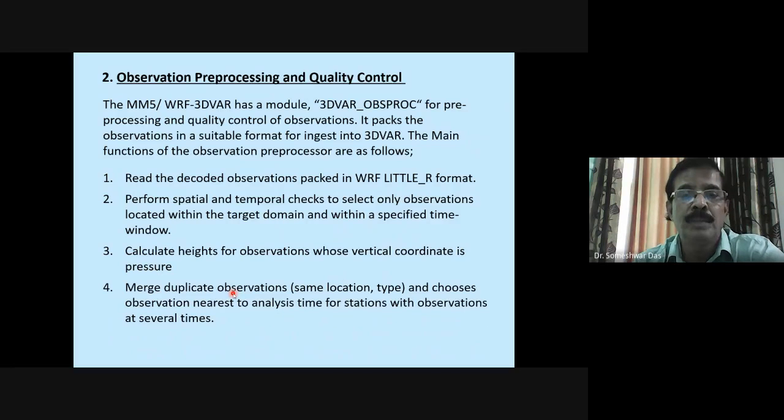Then merge duplicate observations, that means observations around the same location. I mean, same location means even if it is not exactly the same, but if it is a nearby location, depending upon your model resolution. Suppose your model resolution is 50 kilometer or 100 kilometer, and you have observations located within 5 kilometer distance, then such a coarse grid of the model having 50 or 100 kilometer grid distance will have no meaning for observations which are very close to each other, just 5 kilometer apart.